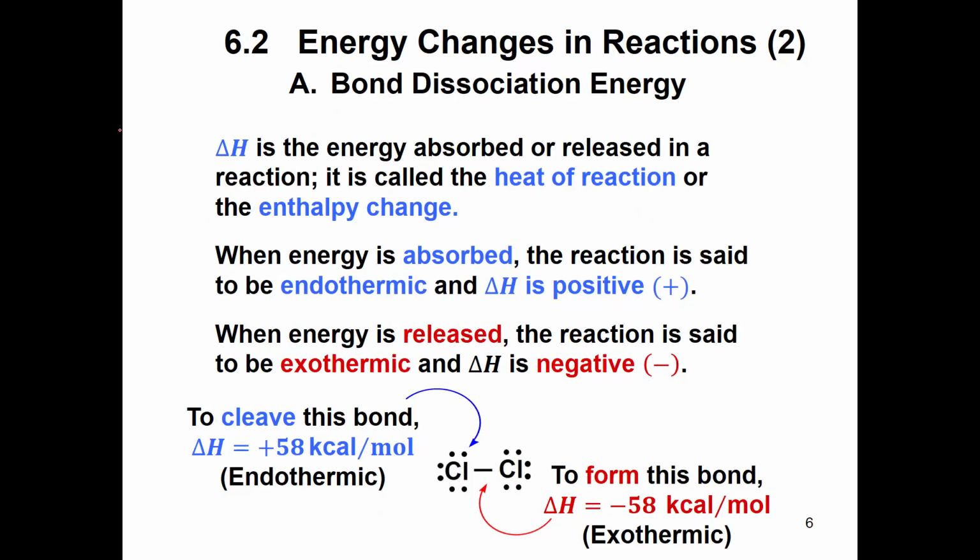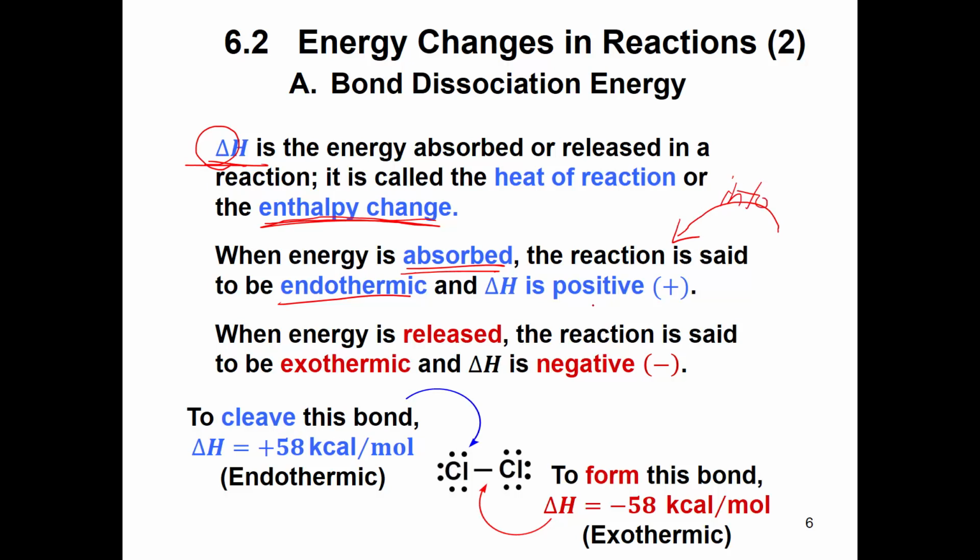So delta H is the heat of reaction, or the change in enthalpy. Enthalpy is synonymous with heat, and the delta means change in this case. So delta H is how much energy is going to be given off or absorbed in a reaction. If I absorb energy, it's said to be an endothermic reaction because I put energy into the reaction.